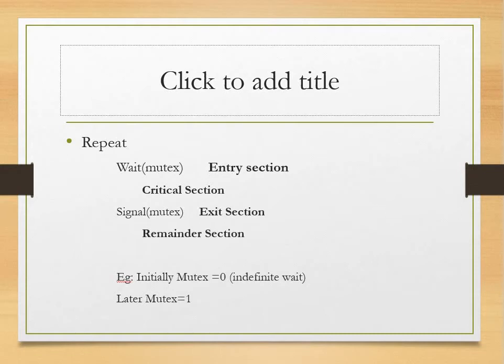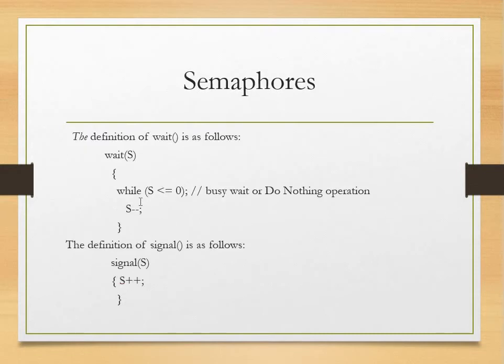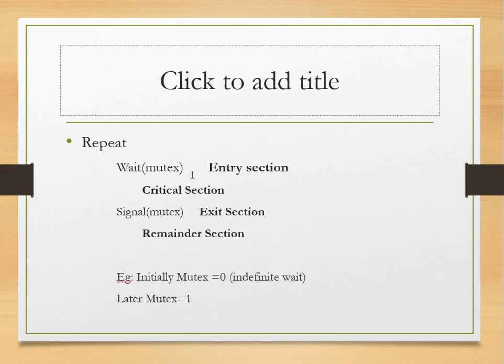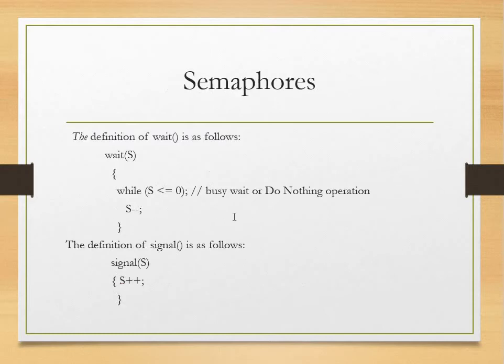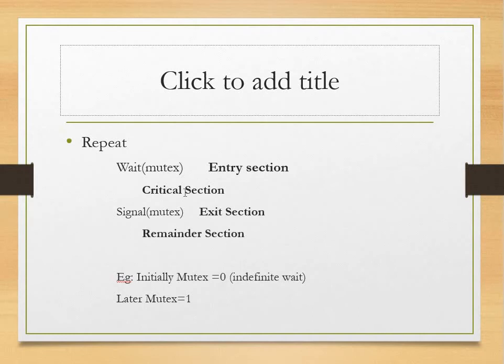We already gave the condition in the previous slide, if you remember: while S is less than or equal to 0, it will lead to indefinite waiting. When this condition is false, it will lead to the decrement operation. Then this process will enter into the critical section. Once it finishes all the operations, before leaving, it will give a signal on the mutex variable.